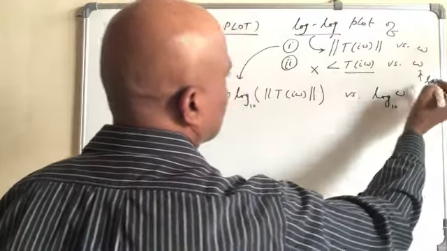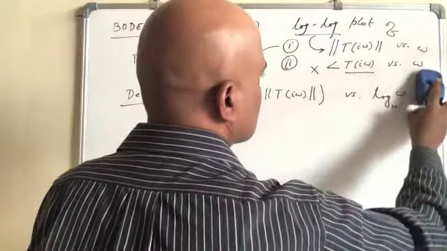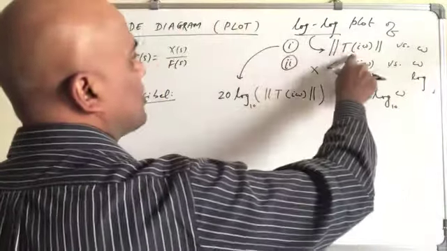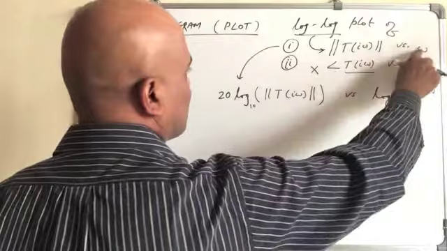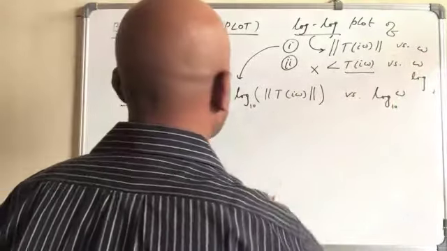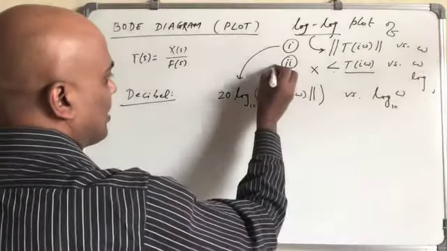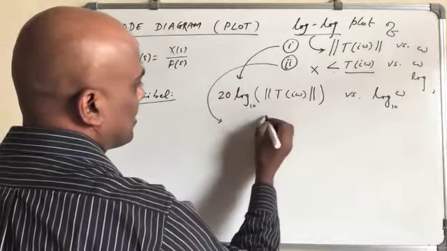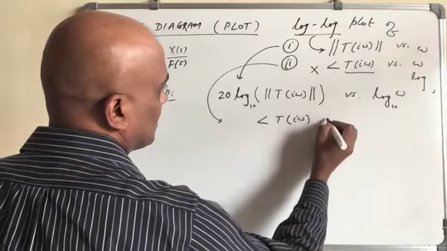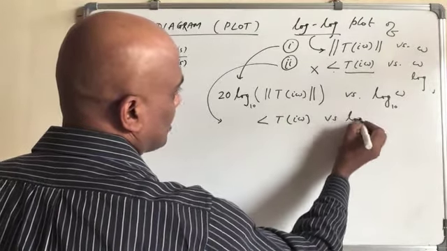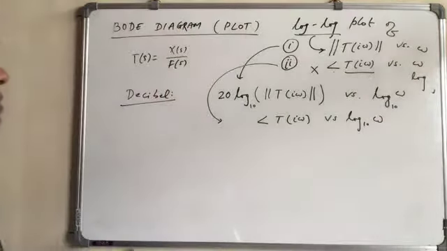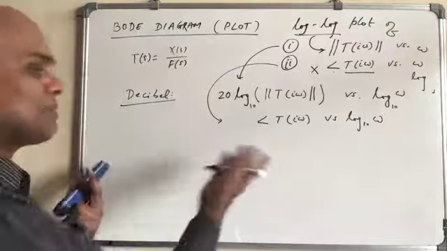So from the first one you have 20 log of the magnitude of T(iω) versus log omega, and from the second one you have the angle of T(iω) versus log base 10 of omega. So this is what it is basically.